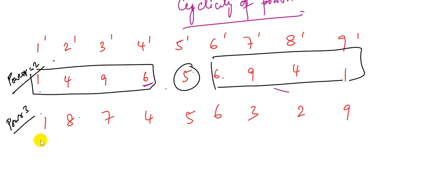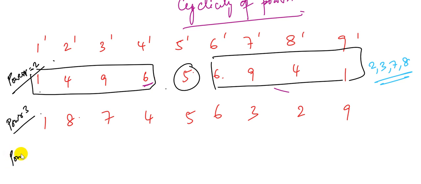So in power 3, you can see that all the digits from 1 to 9 have come back, but in a different order. In power 2, you had 1, 4, 9, 6 and 5. That means 2, 3, 7 and 8 are missing. So no perfect square can end in 2, 3, 7, 8. Remember this: no perfect square can end in 2, 3, 7, 8.